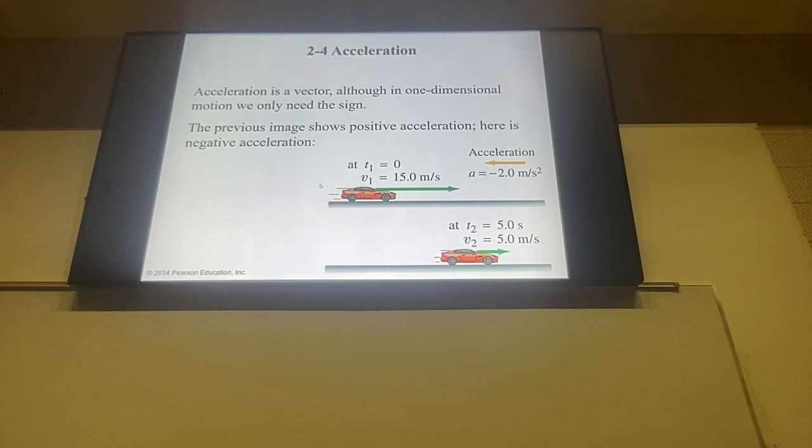You have to specify the direction of acceleration. When we're talking about gravity as an acceleration, what's the direction? Down. Gravity works down. That's it. It only works in one direction.